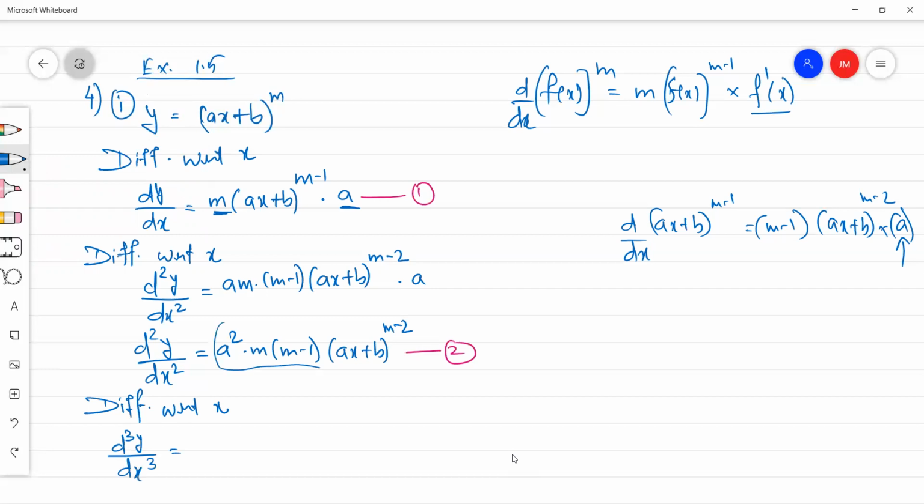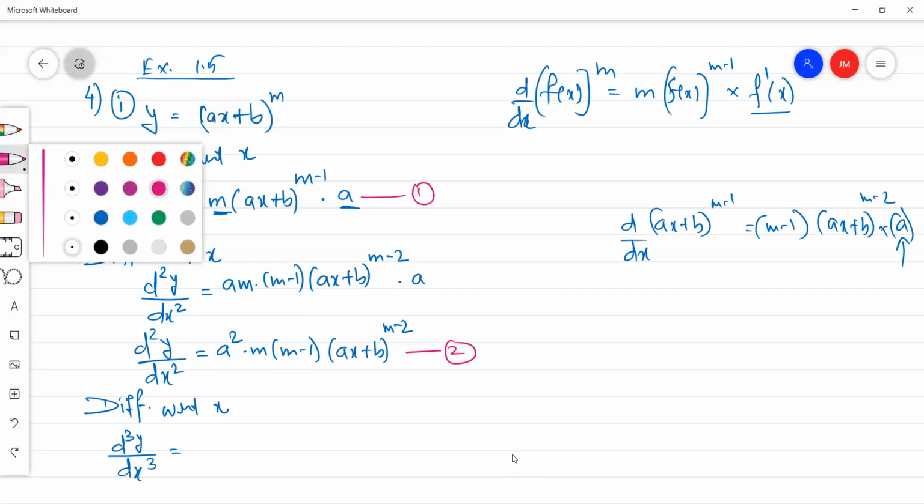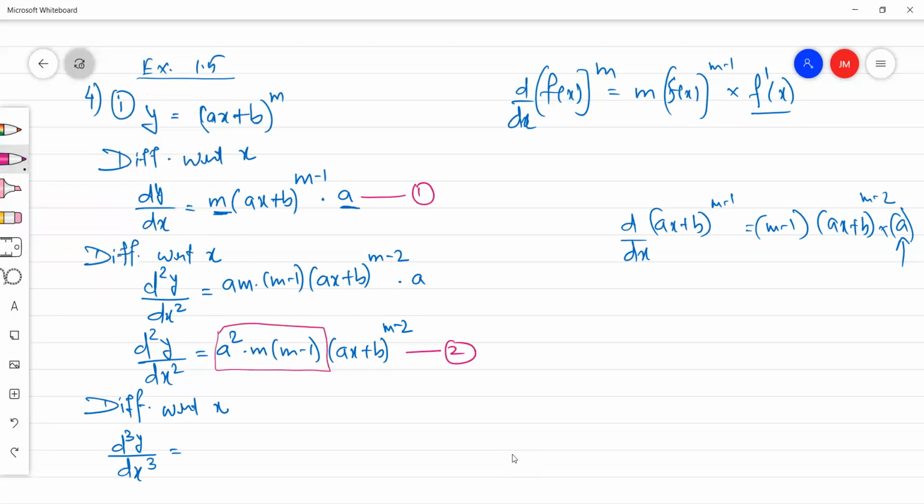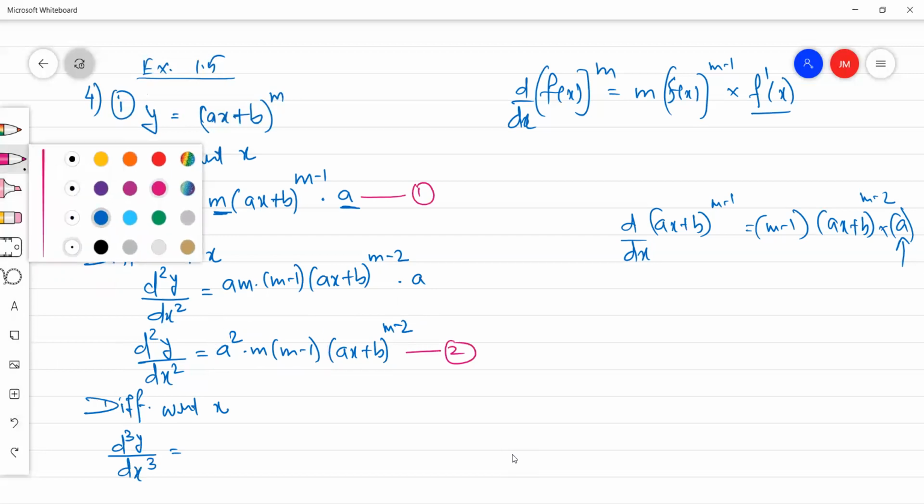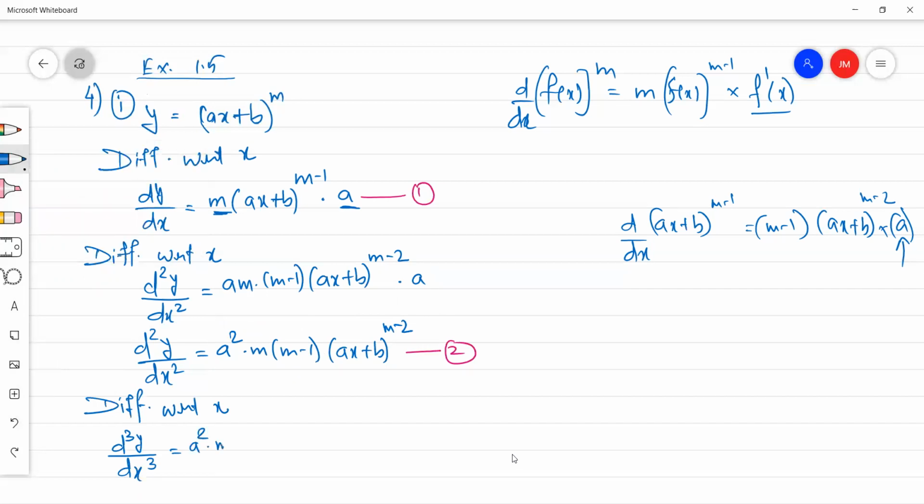See, and derivative of this, what do you notice? You notice that this part is a complete constant, so it will come out. So you will write this as a square m minus 1 and differentiate this, which is variable, this to constant.